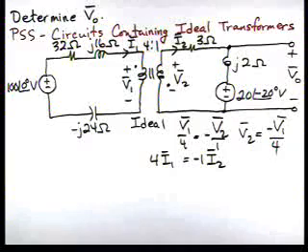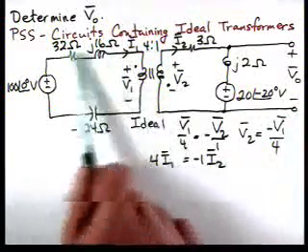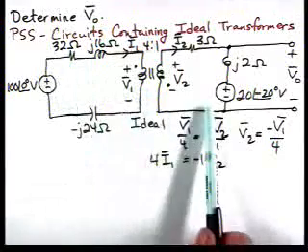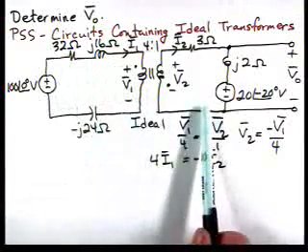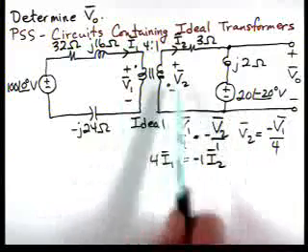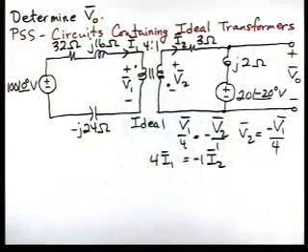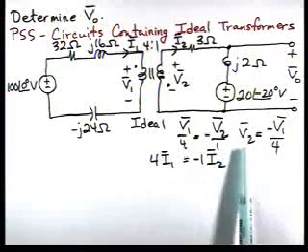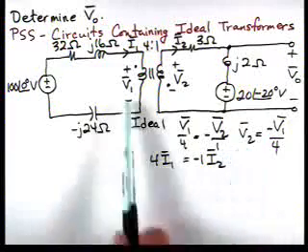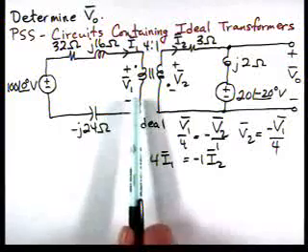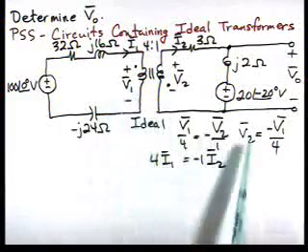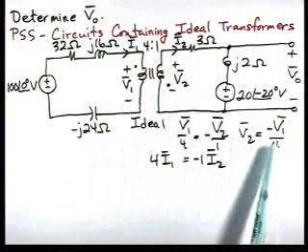Now, we need to find the voltage V0. What we're going to do is reflect all these elements through the ideal transformer and eliminate that, and then we'll do the analysis on this side of the ideal transformer. So let's look at this expression. If I have a voltage over here, I'm going to have V2 on this side be minus V1 over 4.